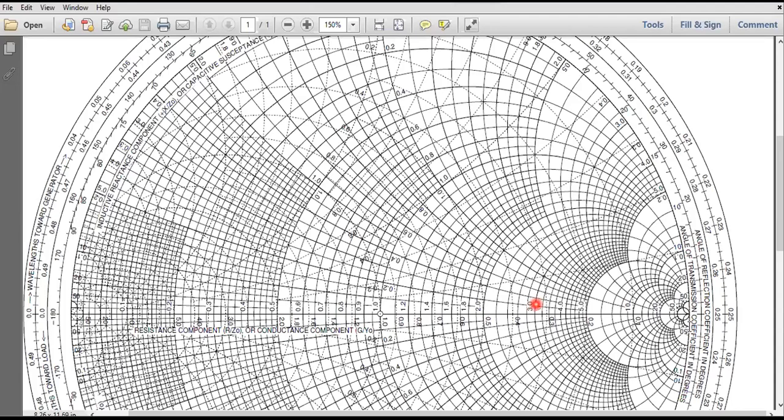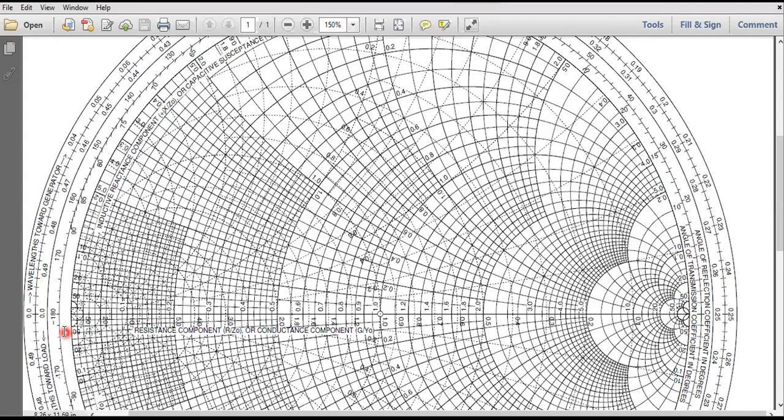Opposite to this, the lower part is the conductance. It starts with 0, 0.1, 0.2, 0.3, 0.4, 0.5 and so on. 1 is the same for both, then 1.2, 1.4, 1.6 goes on. So in solving the problem, if you keep both charts near you, it will be easy to understand and solve this particular problem.